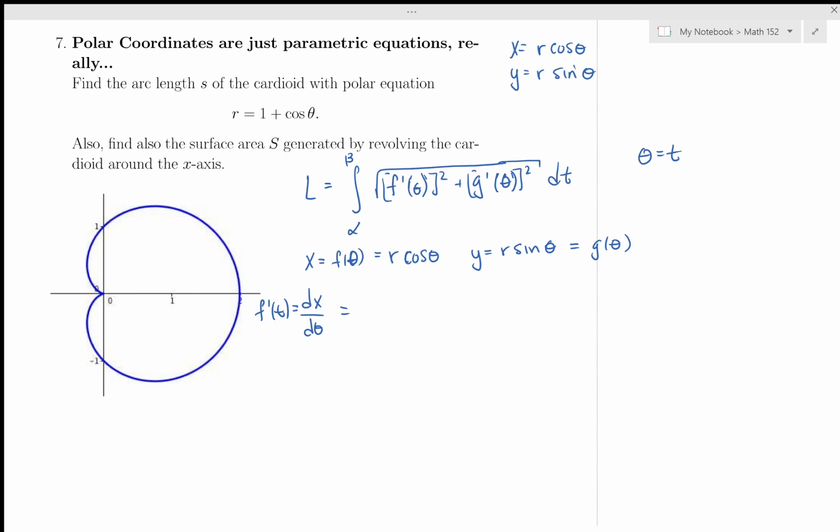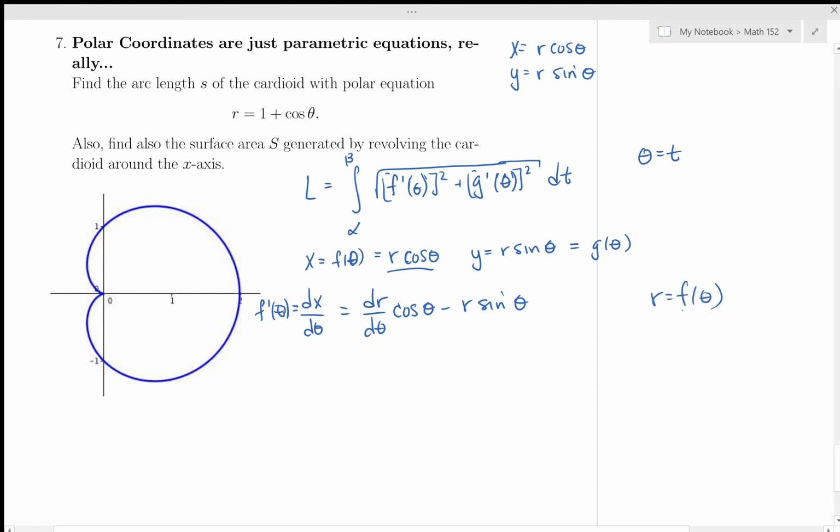Okay, that is going to be, now I'm taking the derivative with respect to theta of x, so I'm going to get dr by d theta times cosine theta minus r sine theta. Okay, we have to recall that r is a function of theta, so we have to use the product rule. That is what's happening here. So r is a function of theta.